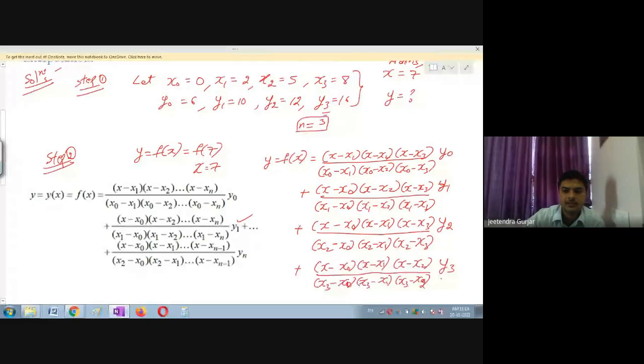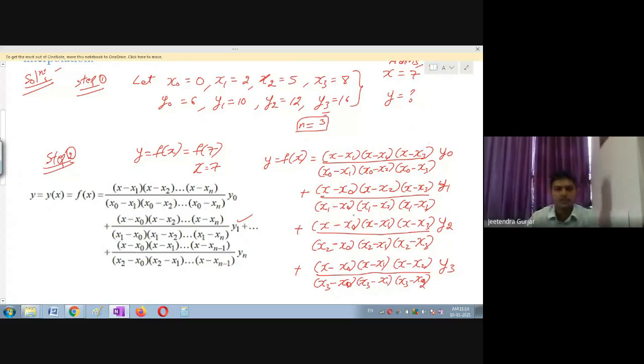See, in this I will once again repeat. In this numerator, I have skipped x naught, and in the denominator I have taken x naught and subtracted with all the terms. Here I have skipped x1, and in the denominator I have taken x1 and subtracted with all the terms.